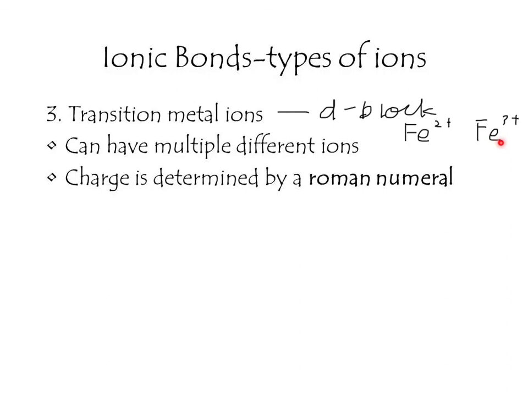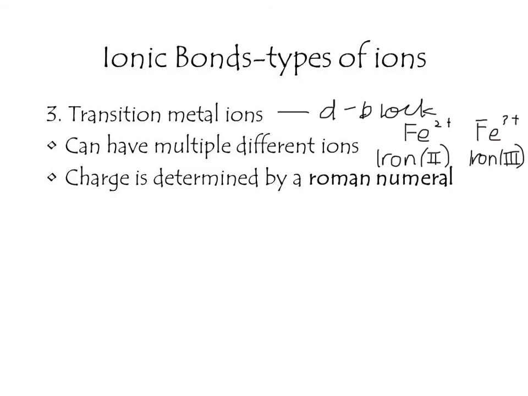In order for us to determine which one we're talking about in the name, they're indicated by a Roman numeral. So for example, iron 2+ would be written out as iron Roman numeral 2, and iron 3+ would be written out as iron Roman numeral 3.